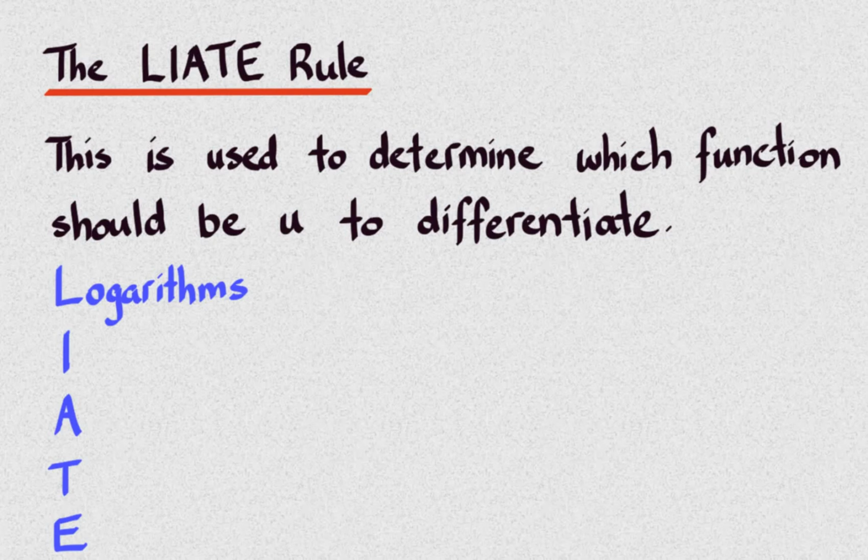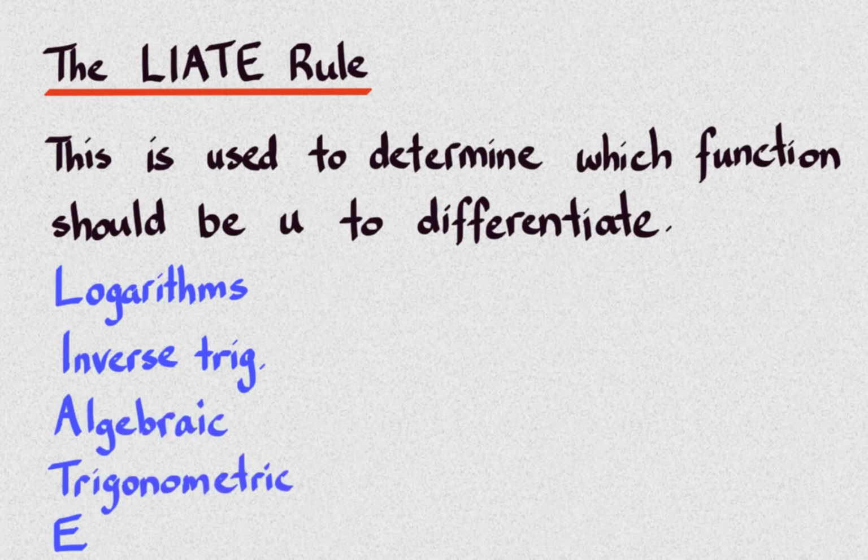The next is inverse trig functions. Notice, so far we can't integrate these guys, so that's why they're at the top of the list to differentiate them. Then the next is algebraic functions, then trig functions, and finally exponential functions.